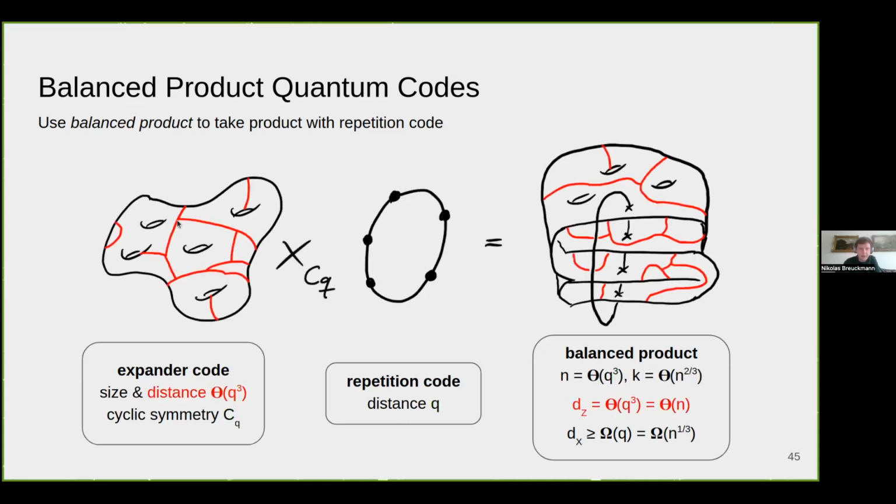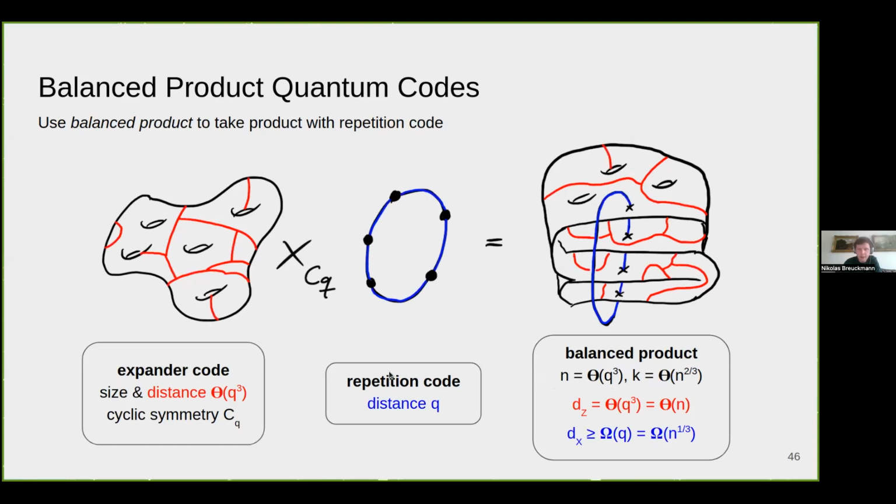Okay, so now the important part is again the code words of the input codes lift to logical operators. Here the distance was linear, so it was the same as the size of the total space. And this again lifts to a logical operator, which again has a size given by q cubed, which is linear in the total number of qubits.